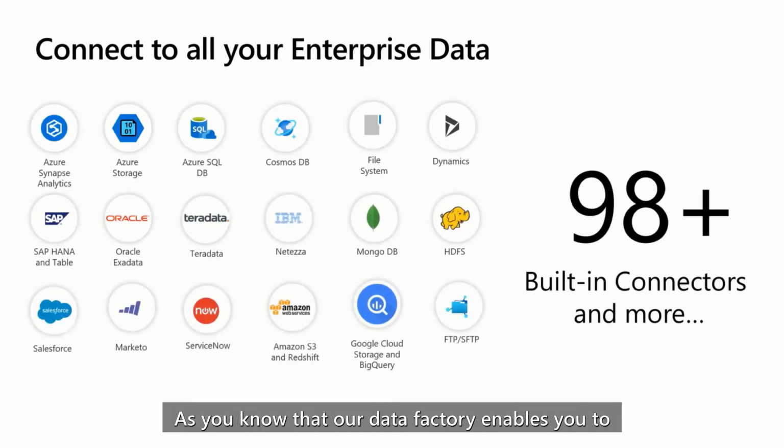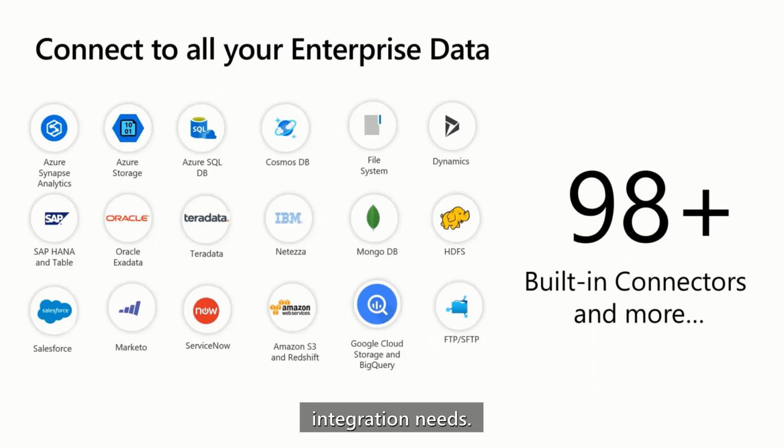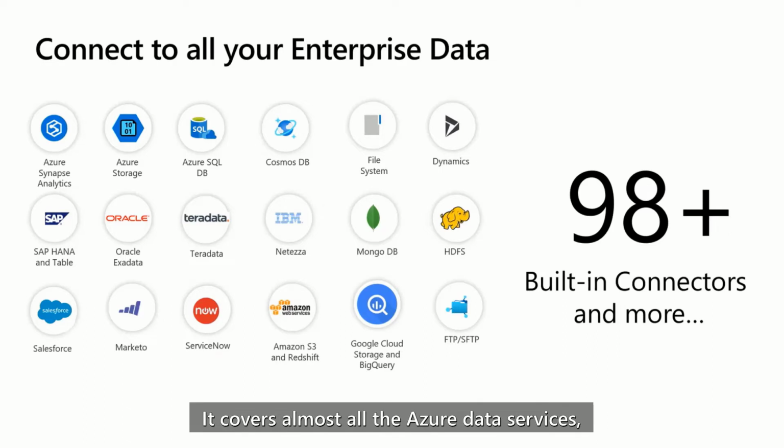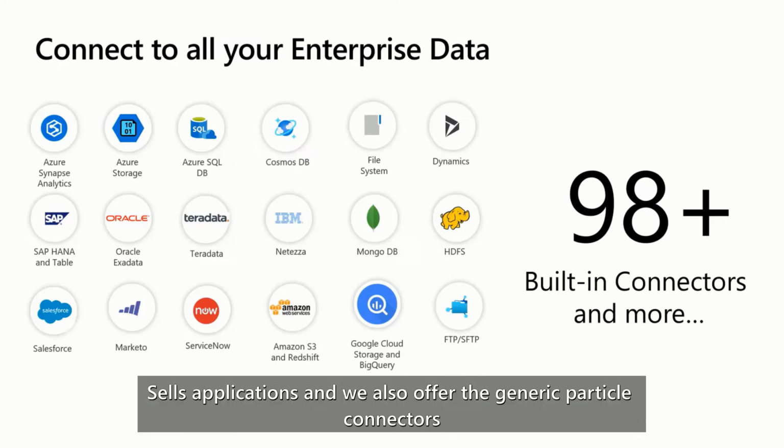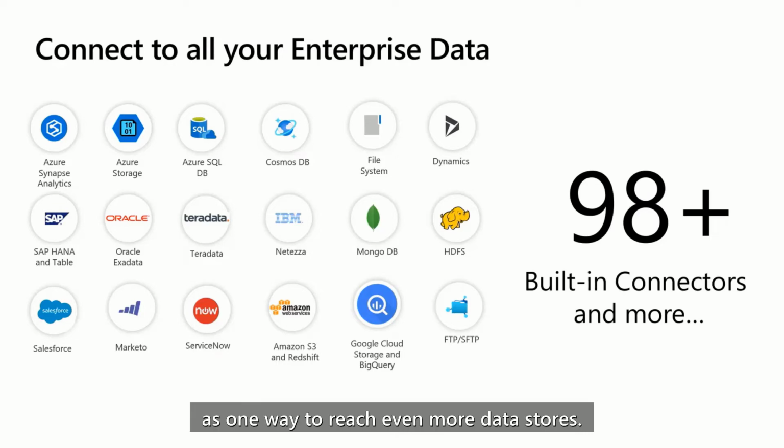As you know, Azure Data Factory enables you to bring data from various data sources into Azure for data integration needs. It covers almost all the Azure data services, the common databases, data warehouses, NoSQL stores, file-based systems, SaaS applications, and we also offer generic protocol connectors as one way to reach even more data stores.